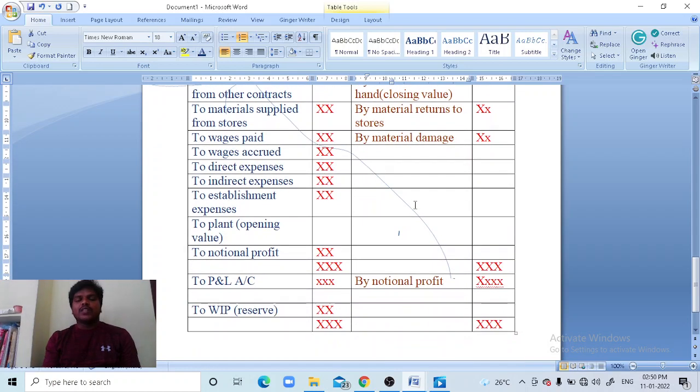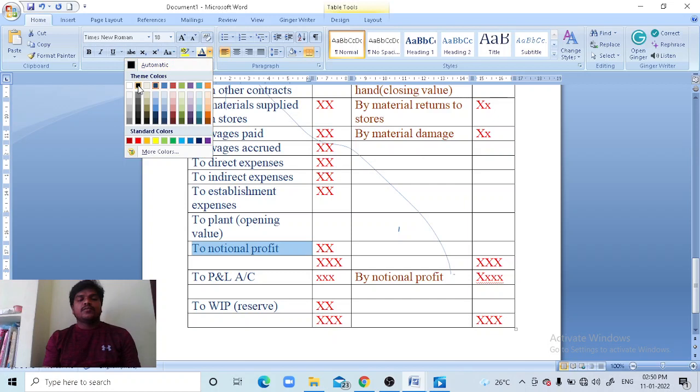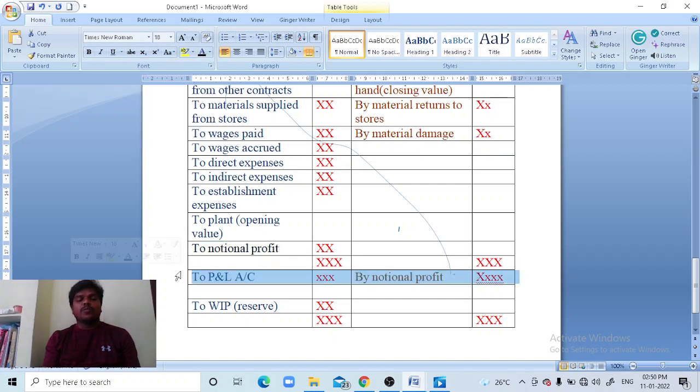After adjusting the balance of the debit and credit, we get the notional profit. Just now I said that notional profit is not the actual profit; it is the estimated or assumed profit for the particular period of time. This notional profit may be transferred to the P&L account of the contractor.